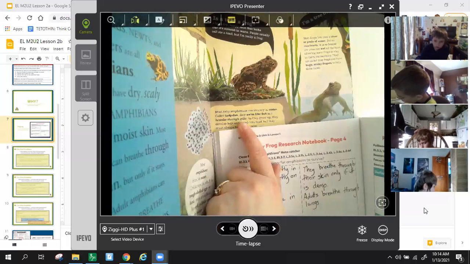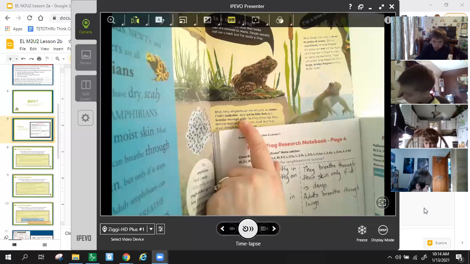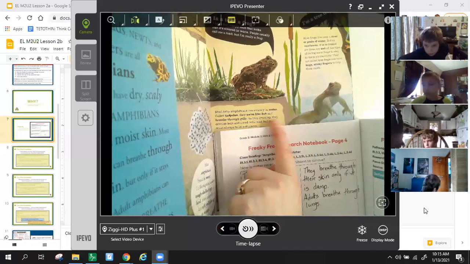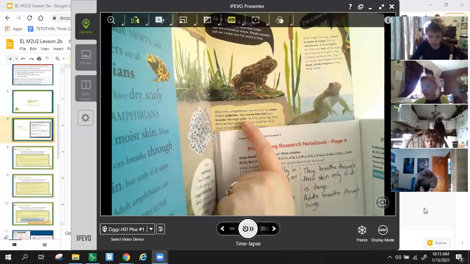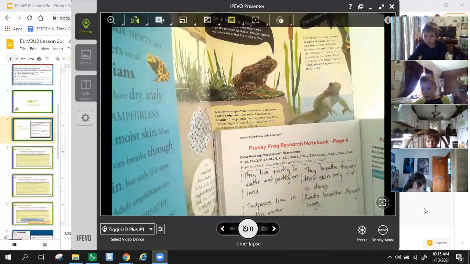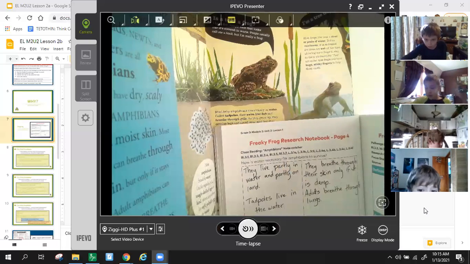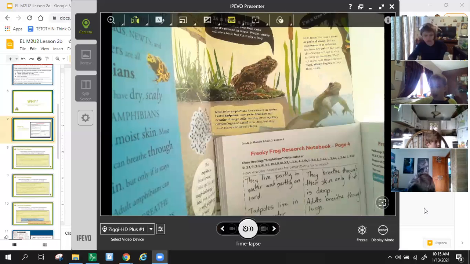I could go back directly to the text, explicitly in the text, to answer this question, and look at my text and breathe through gills. So again, we're focusing on that learning target about how do we answer questions. We go back to the text and look carefully.